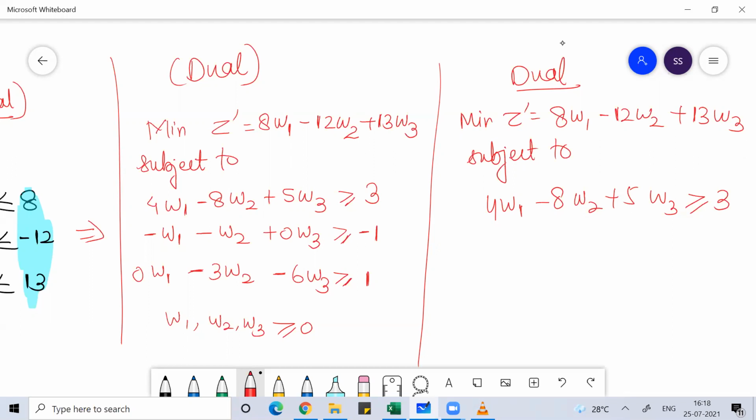Then multiply by minus 1 on both sides: W1 plus W2 less than or equal to 1. Then minus 3W2 minus 6W3 greater than or equal to 1, where W1, W2, W3 are greater than or equal to 0. Clear, everyone?